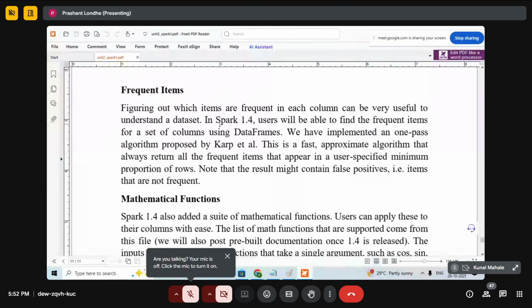And then the frequent items. This is related to pattern mining or collaborative filtering, so that you are able to find frequent items. Based on that, you define your respective data sets and values of your system. For example, if you want to develop software for a grocery system, you have to follow pattern mining, because the things will go according to some pattern, and you have to follow that pattern.